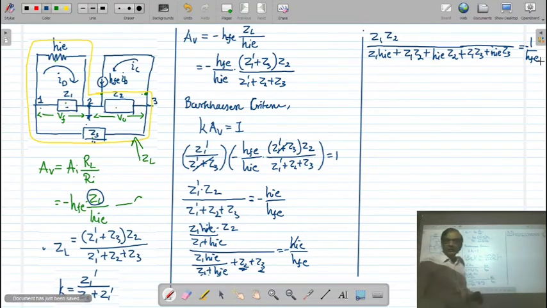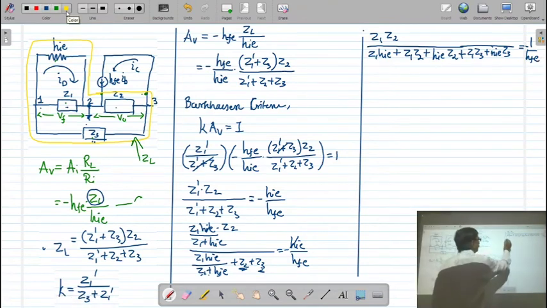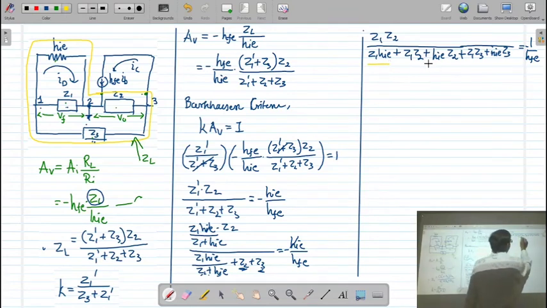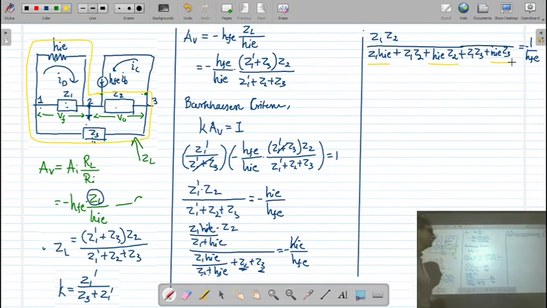Okay. Now in the denominator, if you look at this term, then Z1 hie is there, Z2 hie and Z3 hie is there. So from these three terms, we can take a hie common.